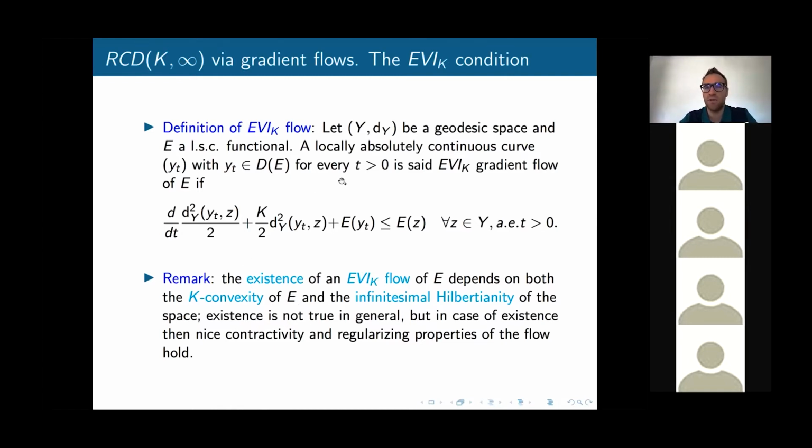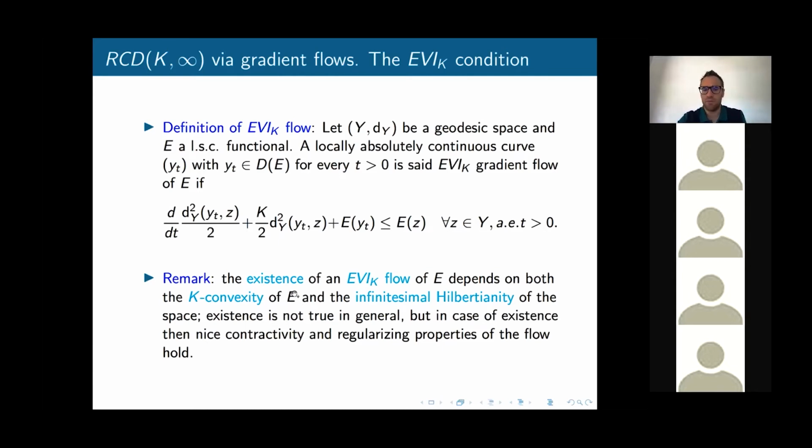For instance, if you take a convex function on Rn, and you ask if it admits an EVIK flow, well, it admits it only if in Rn you choose the Euclidean scalar product. But if you instead choose a different norm, you don't have the EVIK property. So this EVIK condition is really something strong, and is encapsulating both the geometry of your space and the convexity of your functional E.